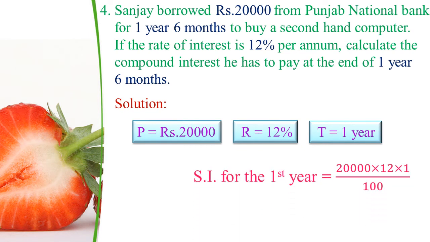Here P, which is 20,000, multiplied by R, which is 12%, multiplied by T, which is 1 year, by 100. Here 2 zeros and 2 zeros gets cancelled out. Now multiply 2, 12 and 1. We get rupees 2,400. This is simple interest for the first year.